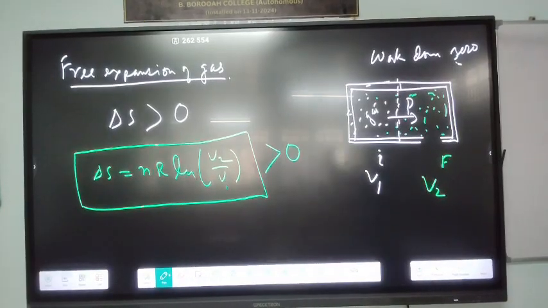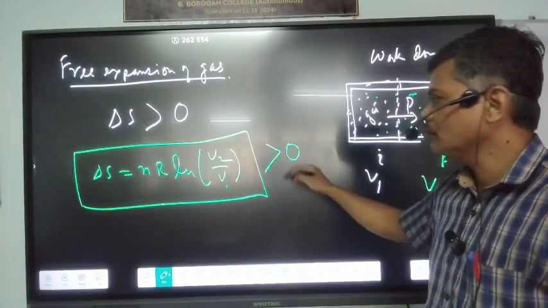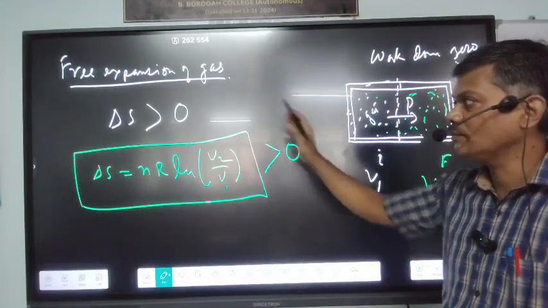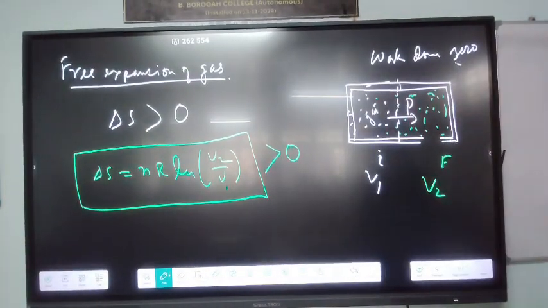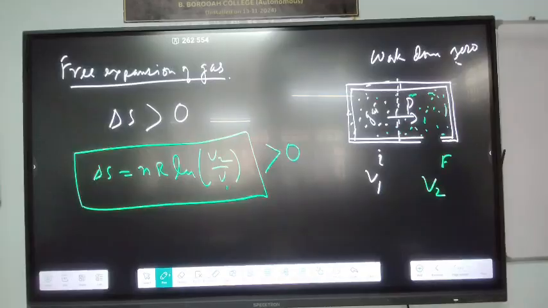Isolated system means there is no touch with the surroundings, so the surroundings become zero. So only the system will be the universe. So for the universe it will be greater than 0. So it is an irreversible process, so it will be greater than 0. Okay, so let us stop it here today.